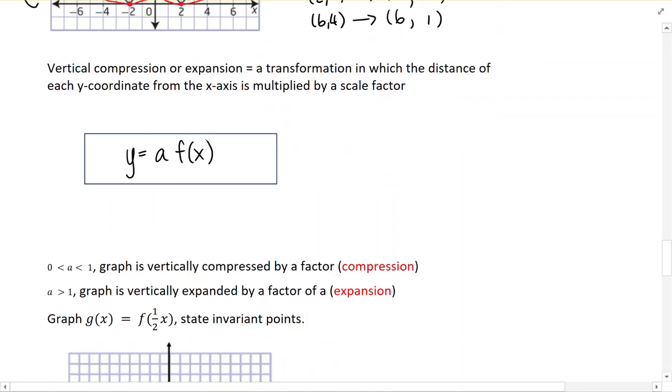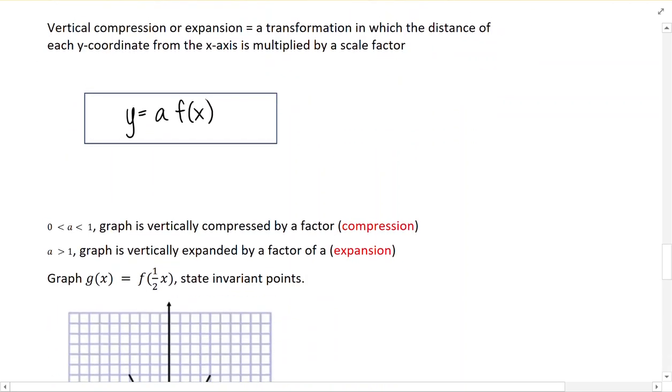As we saw before, if that number is between 0 and 1, so that's the second example that we had, you'll see a compression. So it's getting squished inward. But if a is bigger than 1, then you're dealing with an expansion. So whatever you had is pulled away from each other. It's going to look taller.